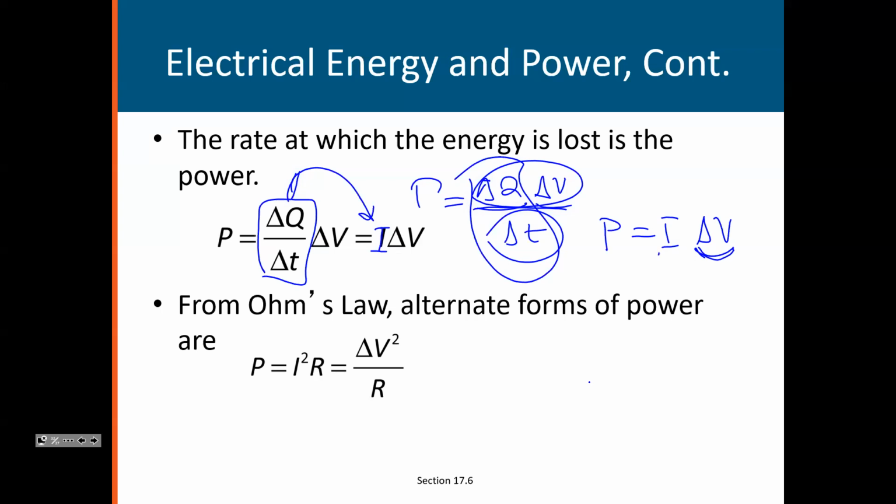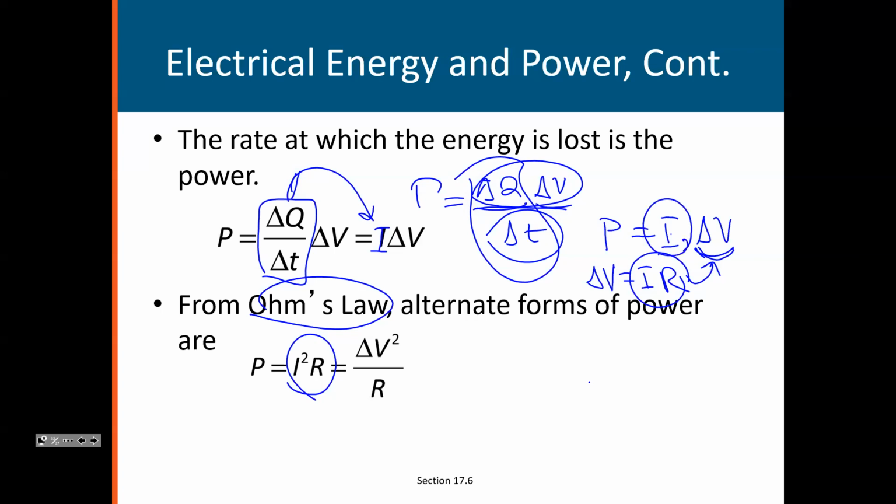We can give alternative forms for the power by combining it with Ohm's law. Ohm's law, I can write, delta V is equal to I times R. If I substitute I times R for delta V, I will get another expression for power: I squared times R, because I times IR is I squared R. I can do one other thing.